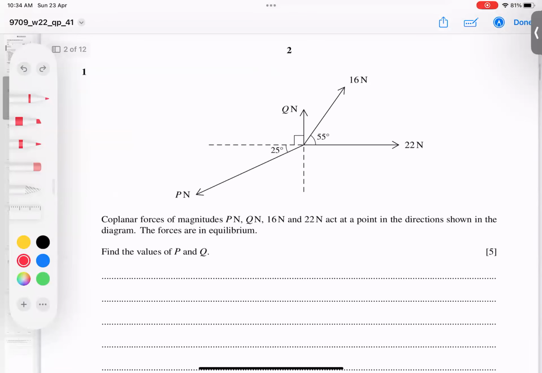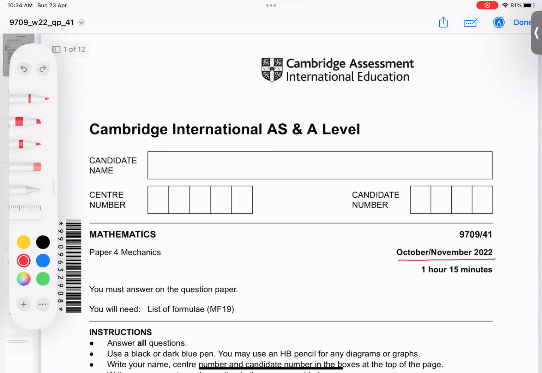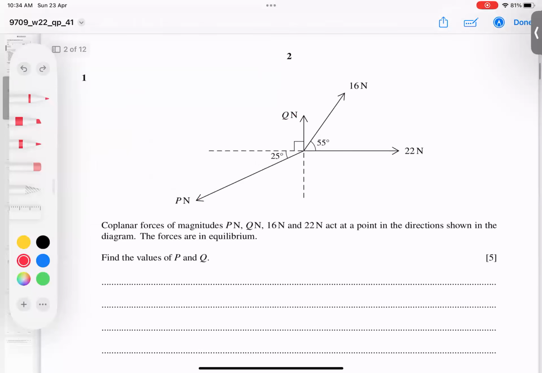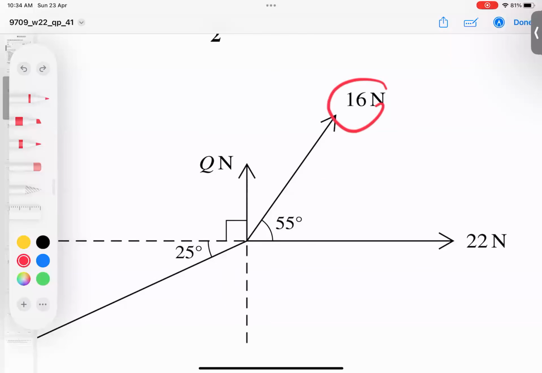Question number one: we have four forces acting. Because this force acts parallel to the x-axis, it has no component; make sure it has no component. Whereas this force acts at a 55-degree angle, so there is one force parallel to the x-axis and one parallel to the y-axis.